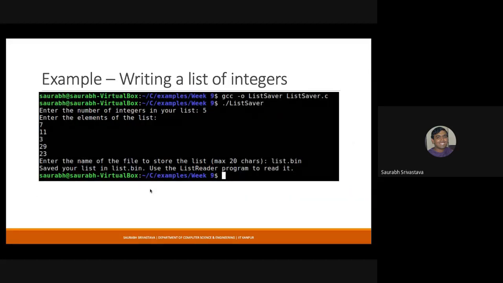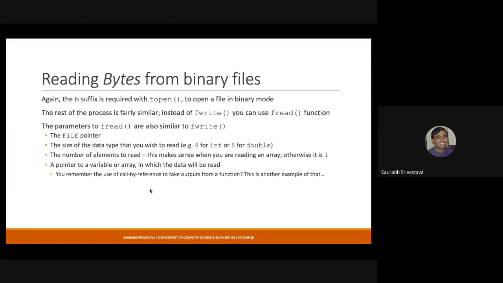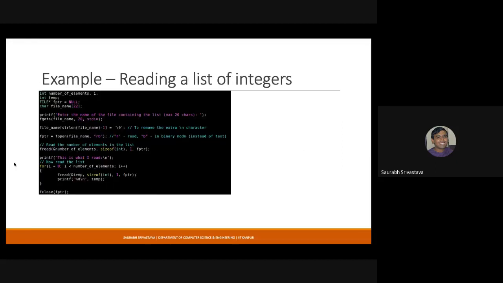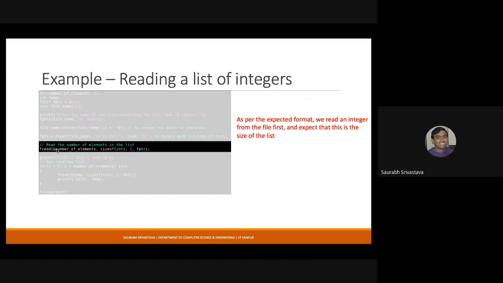So the counterpart for fwrite is basically fread. I think the syntax is almost identical. Here it actually makes sense to give the address of the place where you want data to be written. So basically what fread will do is it will go and read some number of bytes from the file, and it will copy it into a variable.